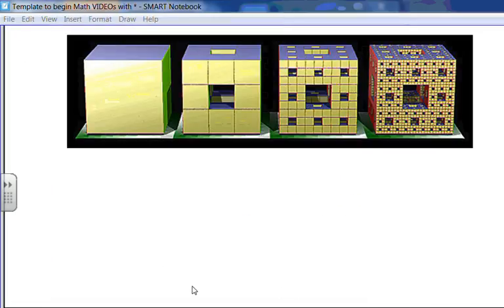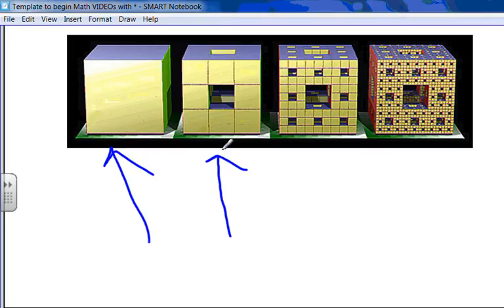Leftmost, we have the first iteration of a Menger sponge. You begin with a cube, and then you hollow out the middle square from every side. Second iteration, third iteration. So you can see the self-similarity in each iteration.